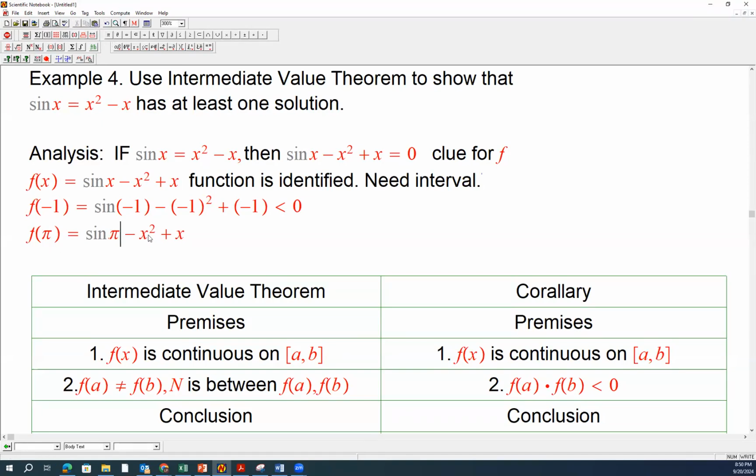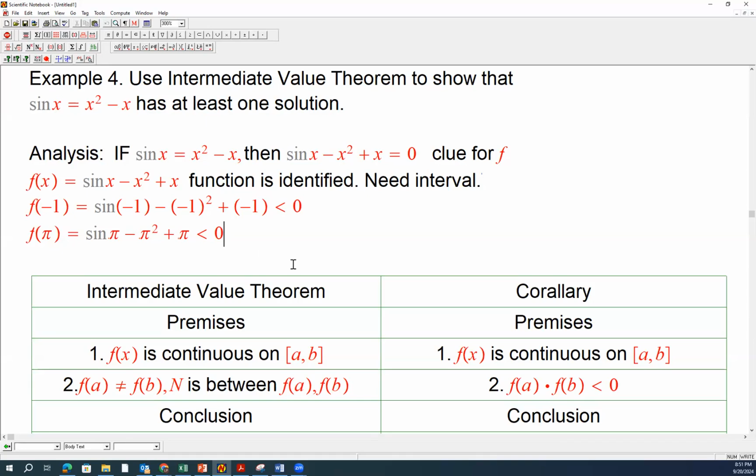So pi, I feel that's not going to work because sine pi is 0, and pi squared is larger than pi. So this is going to be negative. Oops, it's not going to work.